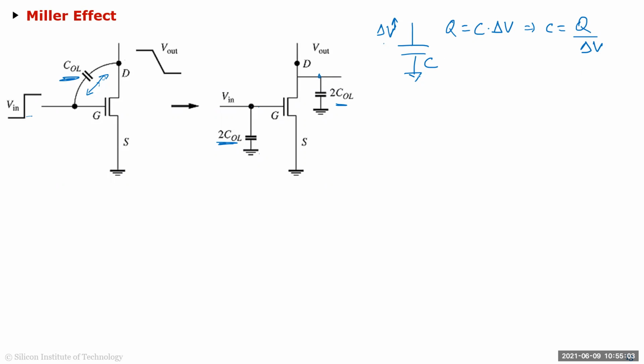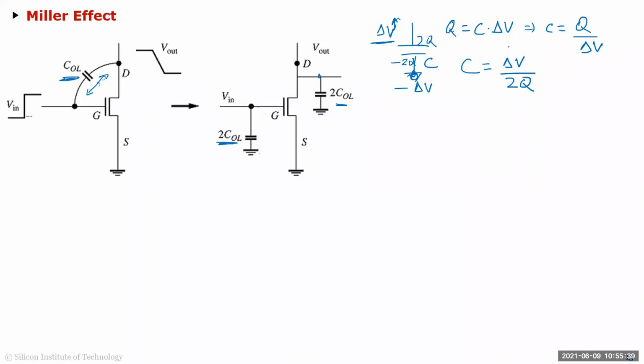Now, if I increase it by delta V, and this end is actually switching by minus delta V, then my Q is twice right now. So if Q is twice, then I can write C is equal to delta V by Q, but my Q is now twice because although on my side I just increased it by delta V, the other side actually went down by delta V. So the total charge here instead of Q is going to be 2Q and minus 2Q here.